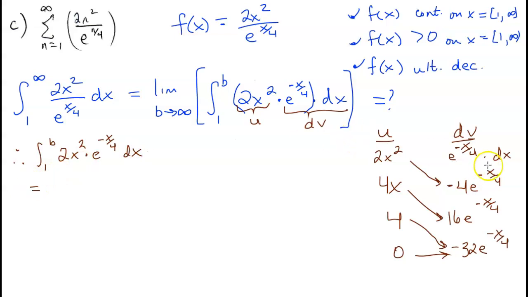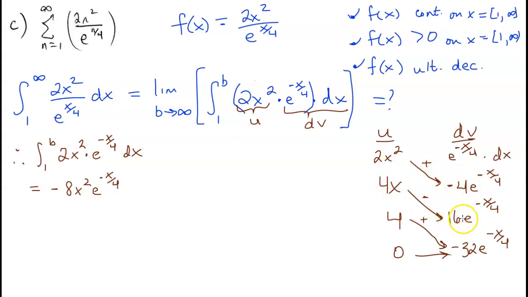this will just end up being this 2x squared times negative 4 e raised to the negative 1/4 x. And so that would be a negative 8x squared e raised to the negative 1/4 x. So this will be plus, and this will be minus, that will be plus. So this ends up being a minus here because of that.